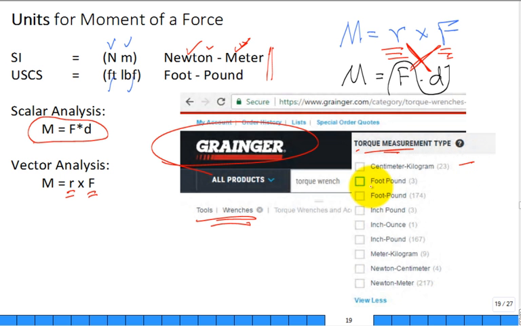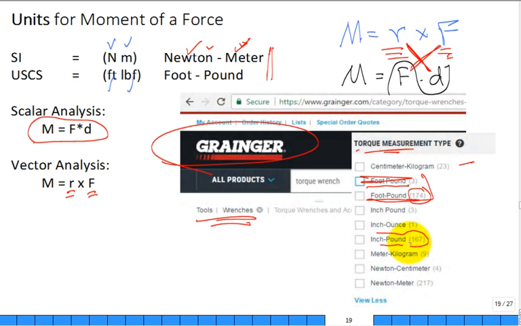Look at the units. Foot pound, thumbs up, makes sense to me. There's a whole bunch of them in these foot pounds. I don't know why there's two sets here. But you can see that they have 174 torque wrenches. What's the next? Inch pound. A lot of inch pound, right? And maybe some people were in military application, maybe in the Air Force doing mechanic work. A lot of torque wrenches and torque specs.